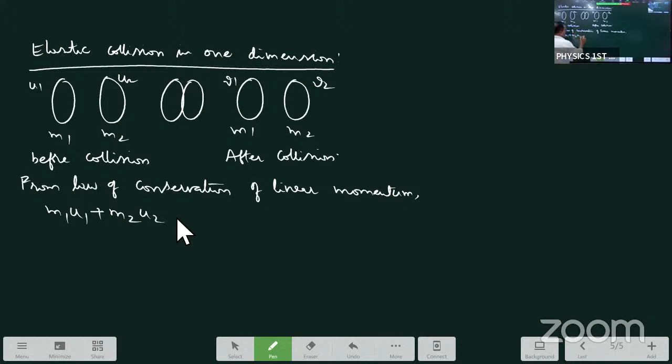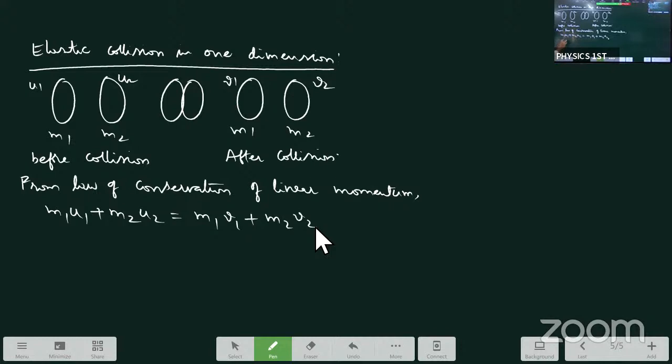That is equal to the momentum after collision: the first body's m1 v1 plus m2 v2. Now you solve it and you will get one equation.